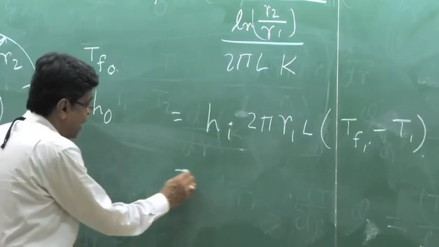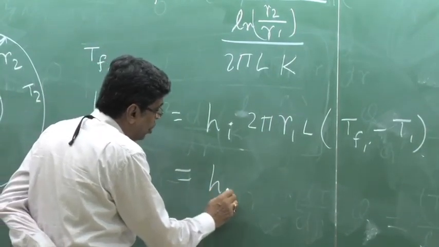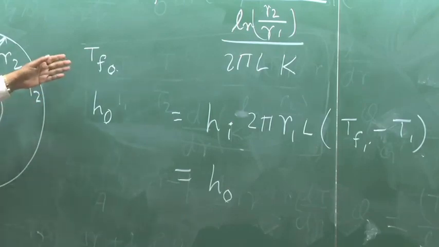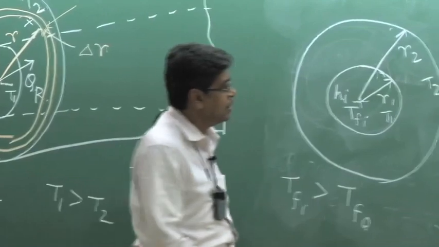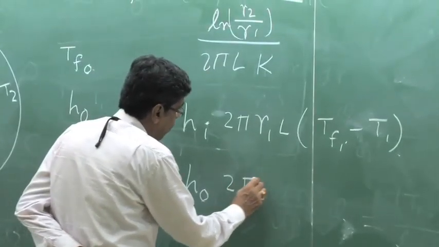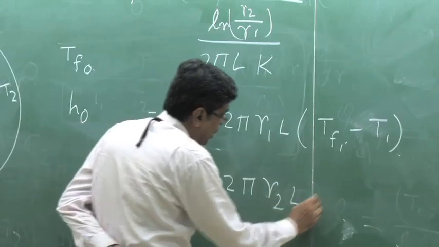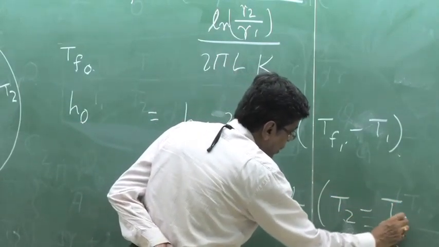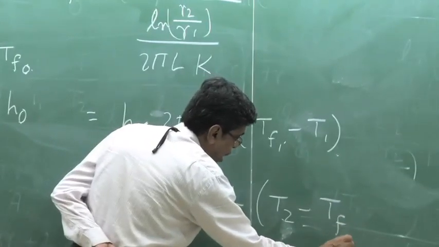And that is the same as what goes out from the outer surface to the outer fluid environment, which is taken to be cold here. Therefore, this will be twice pi R2 L into T2 minus TF outer.